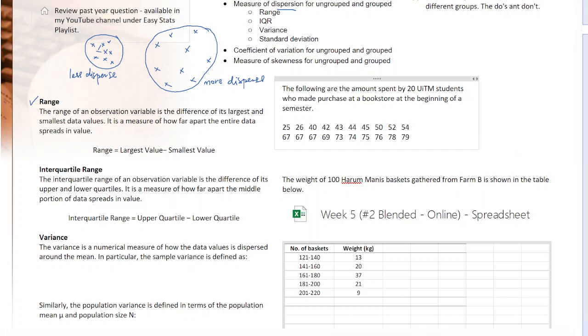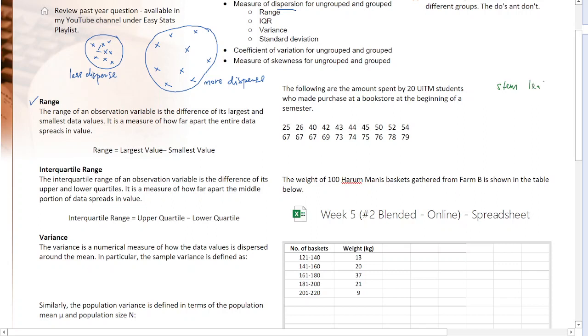So if you want to come up with a stem and leaf, if you still recall, let's just do it very fast. If you want to draw a stem and leaf here, you have the stem and also the leaf. Since this one is already in order, the stem will be 2, 3, 4, 5, 6, 7.